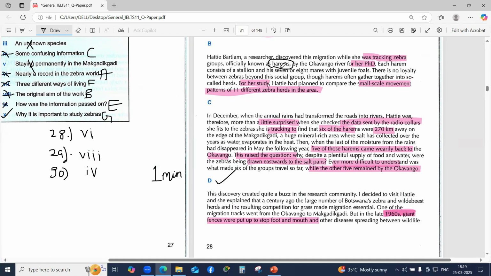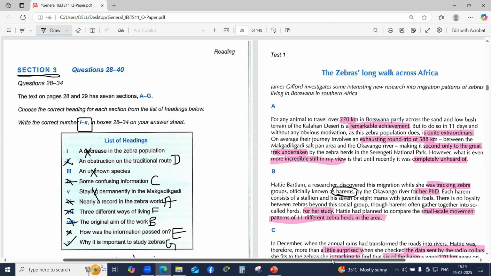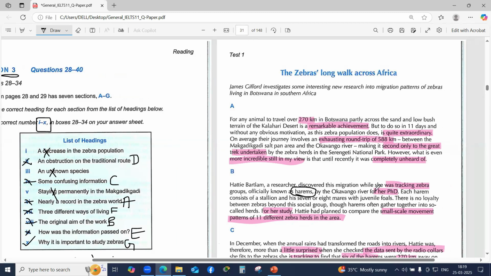Zebra groups are officially called harems. So zebras tend to live together in smaller groups called harems. I'm writing using my mouse, I don't have a pen tab, so pardon my handwriting. Second, each harem consists of a stallion, a male zebra, 7 or 8 mares, female zebras, and juvenile foals.